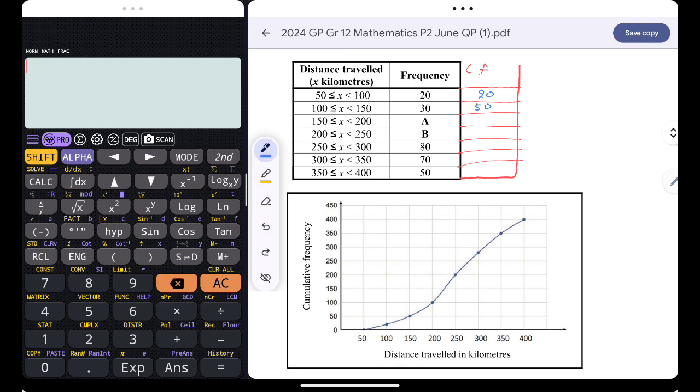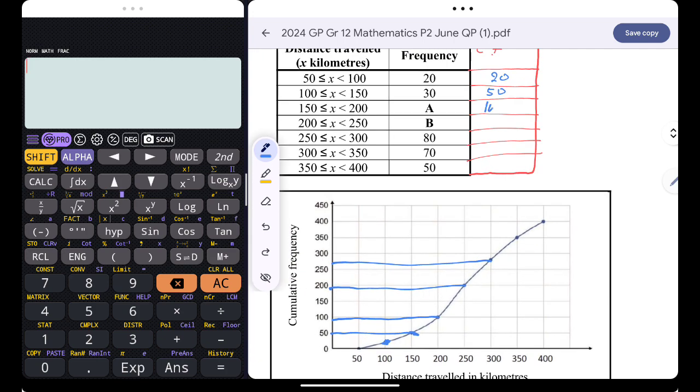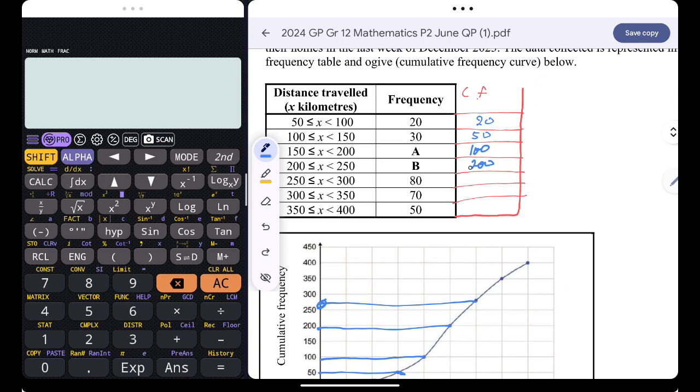Right now I'll simply have 100, 200, and then a number between 250 and 300. Let's see. I'll have 100 here, 200 there, and then for the actual number, 200 plus 80 gives me 280, and then 200 plus 70 gives me 350. Yes, I do have 350, and then 350 plus 50 gives me 400.